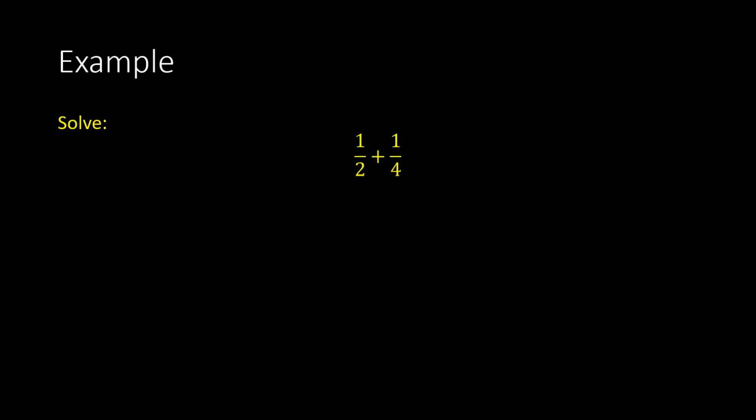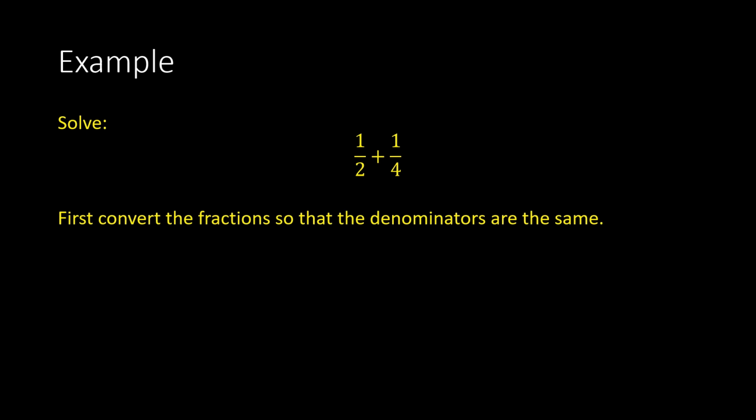How would we solve 1 out of 2 plus 1 out of 4 without diagrams, or a half plus a quarter? First, convert the fractions so the denominators are the same. Here we only need to consider 1 out of 2, as this can easily be converted to have the same denominator as 1 out of 4. Multiply the numerator and denominator by the same number 2 to give 1 out of 2 equals 2 out of 4.